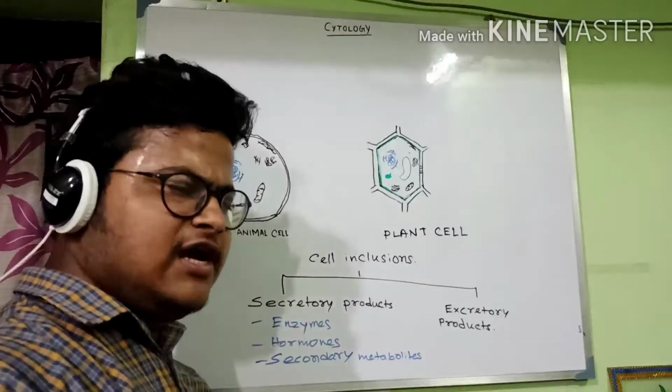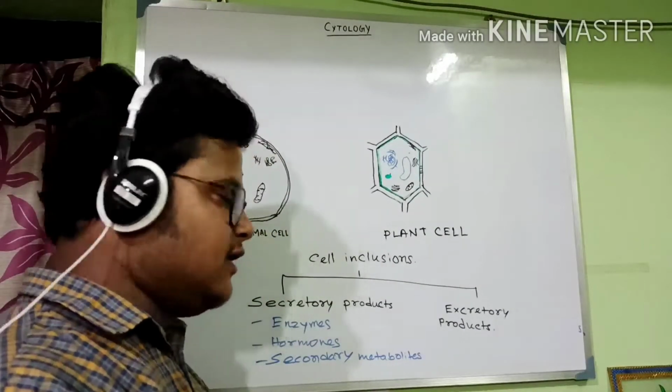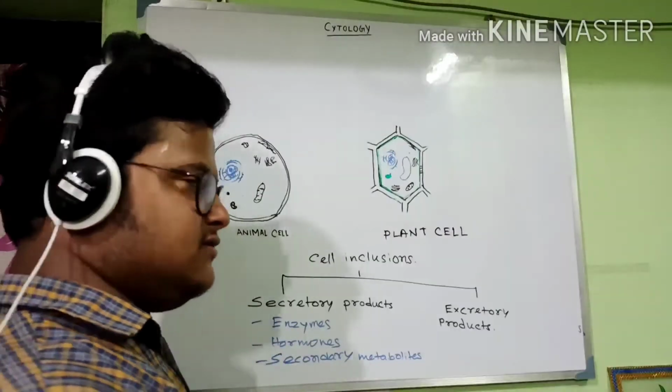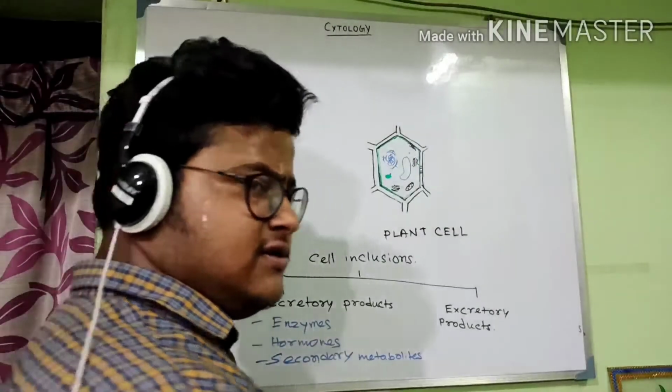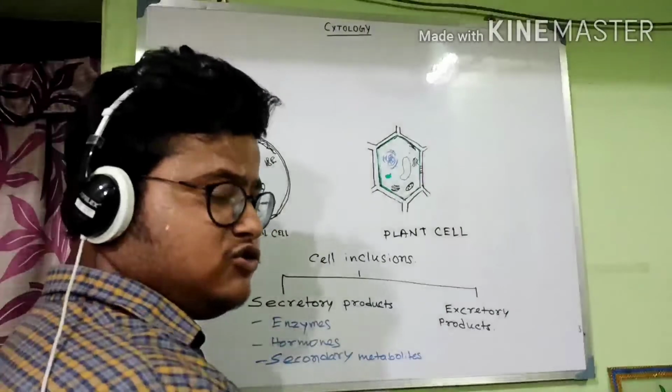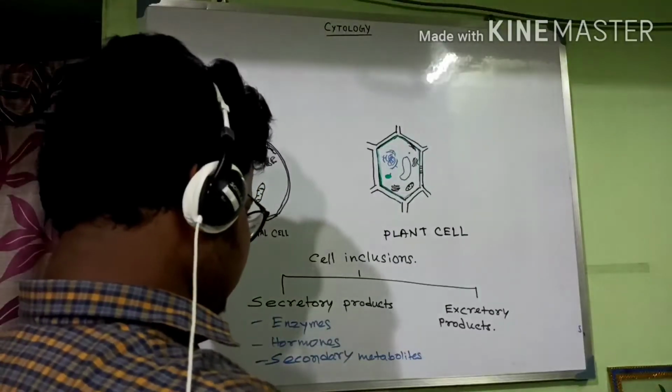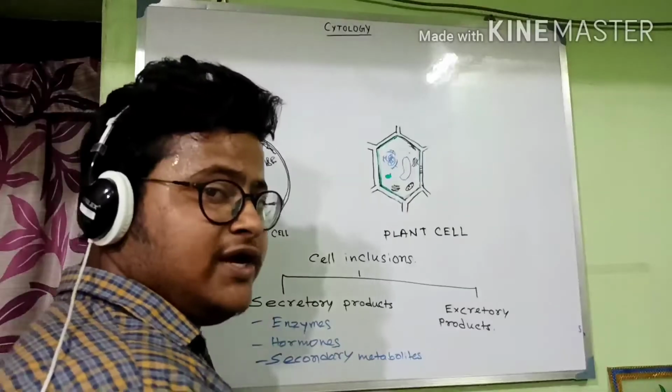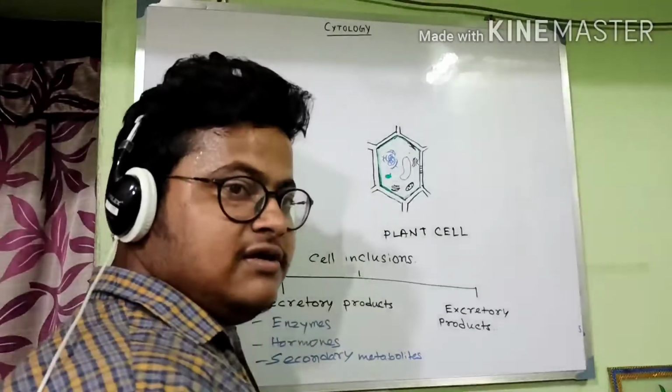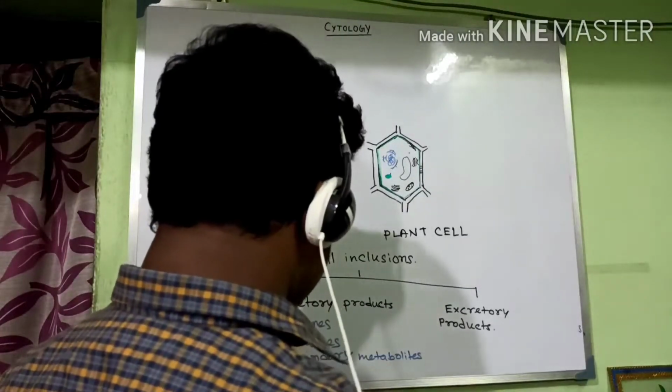Secondary metabolites are of various types, like alkaloids, steroids, etc. Pigments are also there. Pigments are not secondary metabolites, but they are used in various ways.